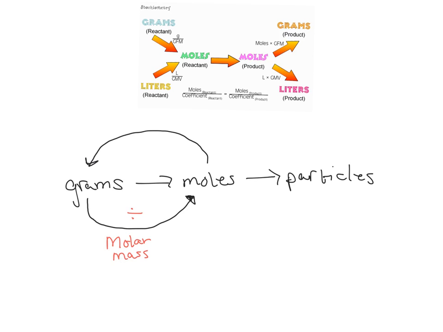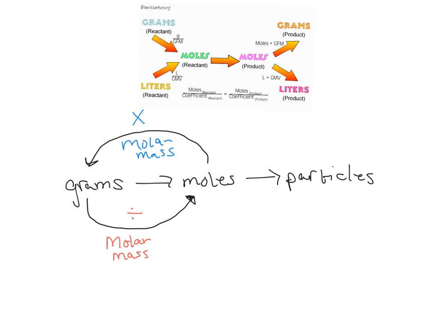In this case, I need to multiply by molar mass. Are you with me? So to get from grams to moles, we divide by molar mass. To get from moles to grams, we multiply by molar mass.